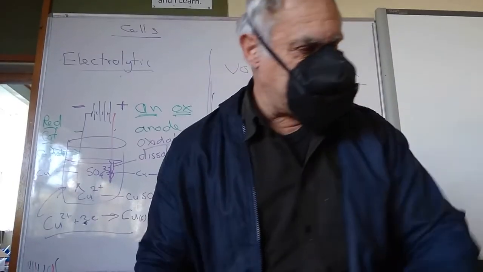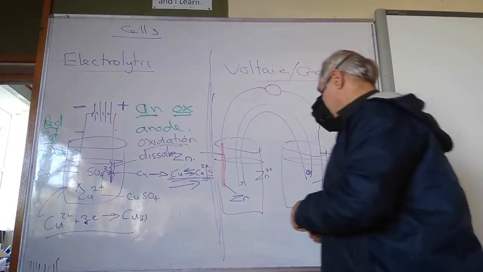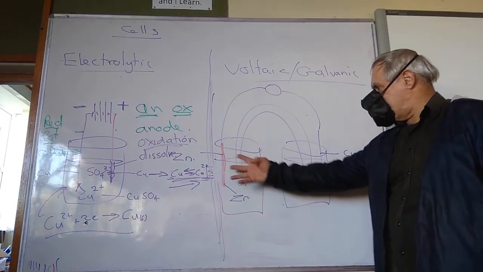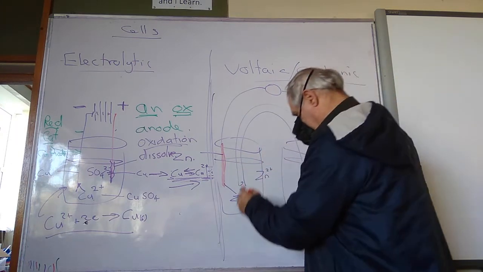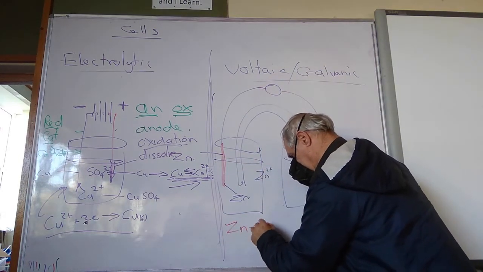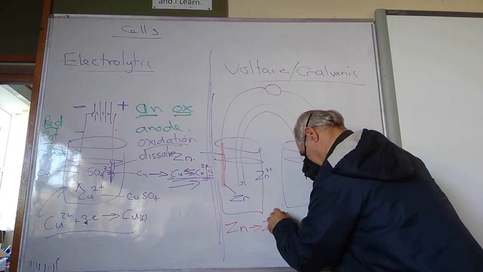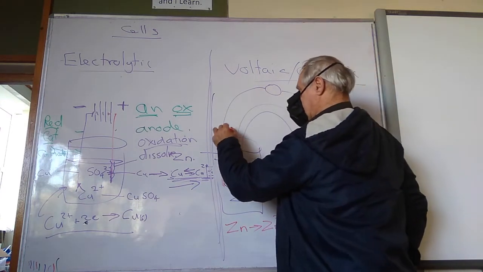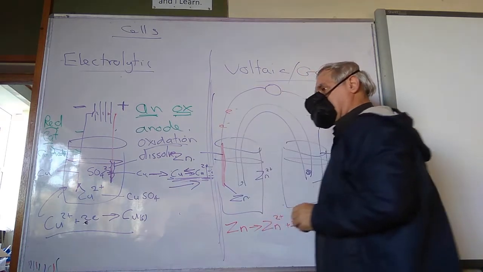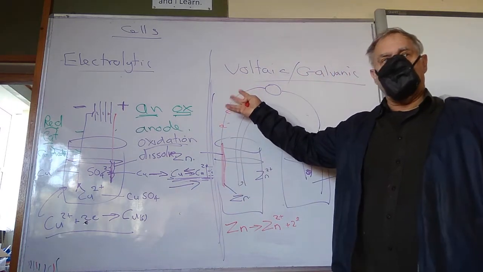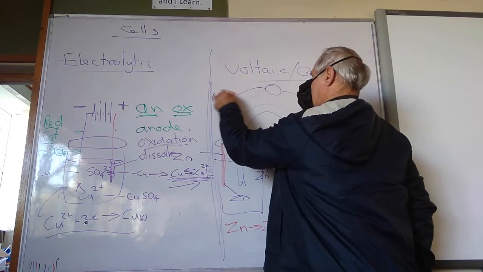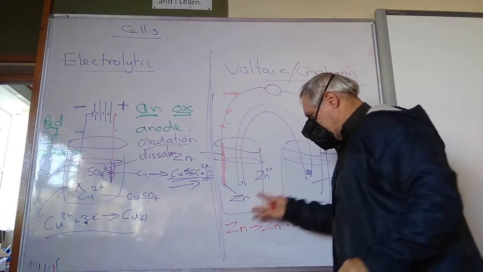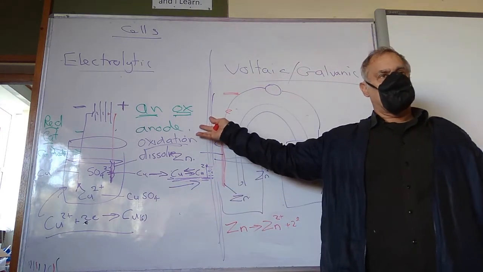So if zinc is giving, it's going to do this. Zinc goes to form Zn 2 plus 2 electrons. Now those 2 electrons are going to go off there, and they're going to turn this electrode negative, because zinc is giving off electrons.